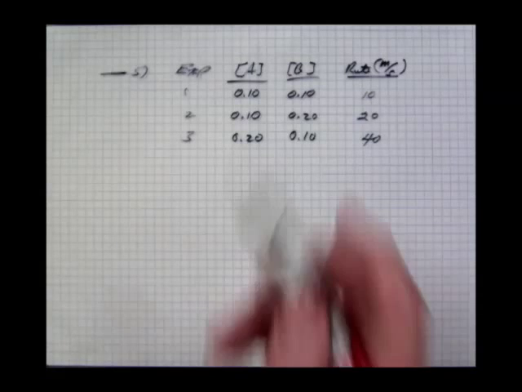Now, how do you deal with this? You hold one component constant, vary the other component, and if you have three components, you hold two constant and vary the individual ones. If you look in your textbook, you'll see some problems that have three components, and it usually doesn't get any more complex than that.